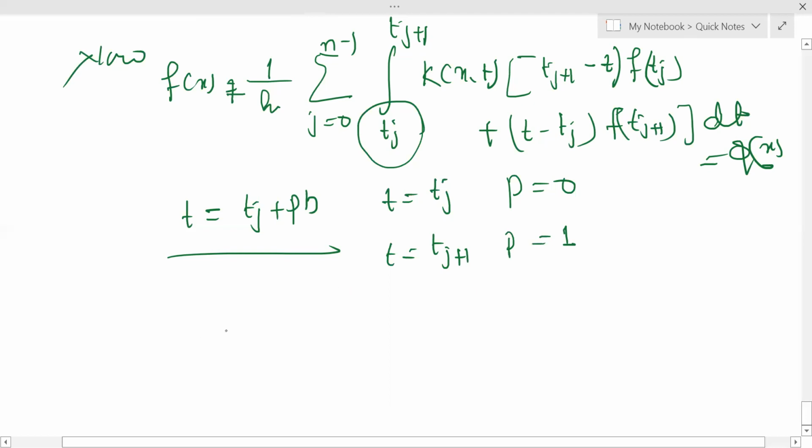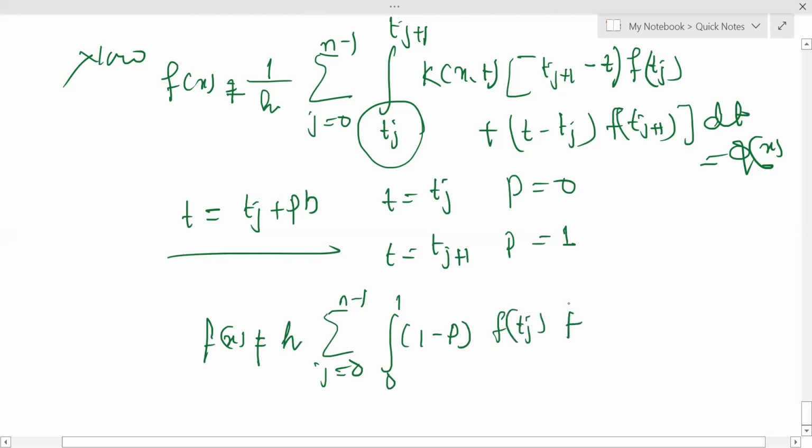तो इक्वेशन वैल्यू becomes f(x) plus h summation over j is equal to 0 to n minus 1, then integration 0 to 1, (1 minus p) into f(t_j) plus p f(t_{j+1}) in bracket into k(x,t).